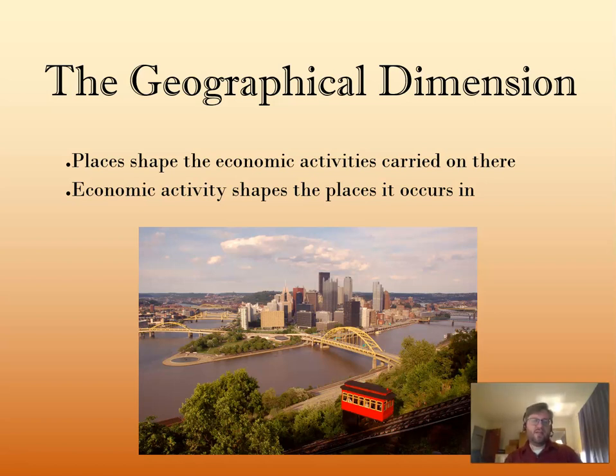Think about what the major economic activities happening in this place are, how they are shaped by the other characteristics of that place, and then in turn, how those economic activities have reshaped the place that it's happening in. Okay, so just think of one or two things to say about each of those sides of that relationship. Pause the recording for a minute, and then once you've done that, come back and I'll talk through my example.